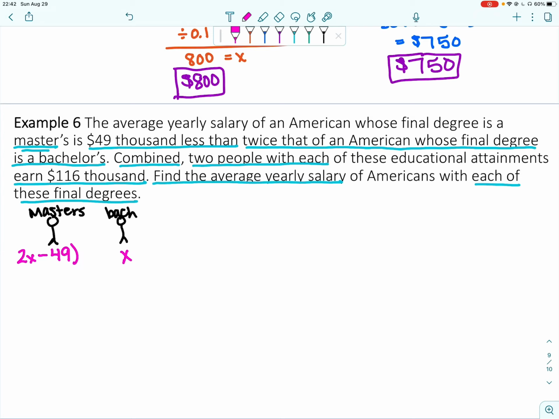So this equation here represents what a person with a master's degree makes: 2x minus 49. A person with a bachelor's degree makes x amount of money. Combined, so if I add these together, they make $116,000.